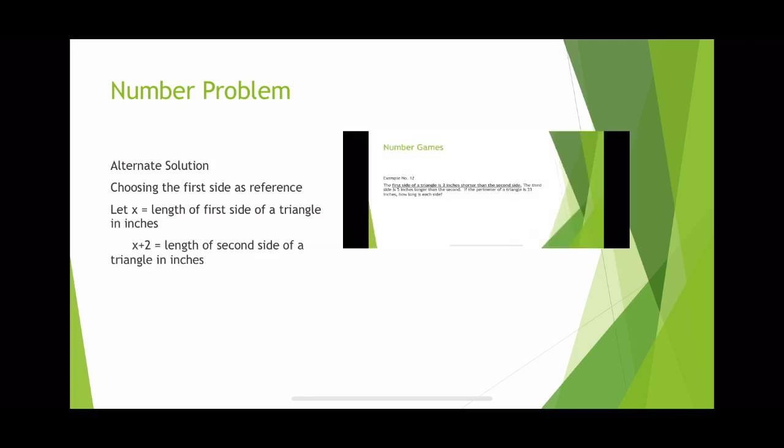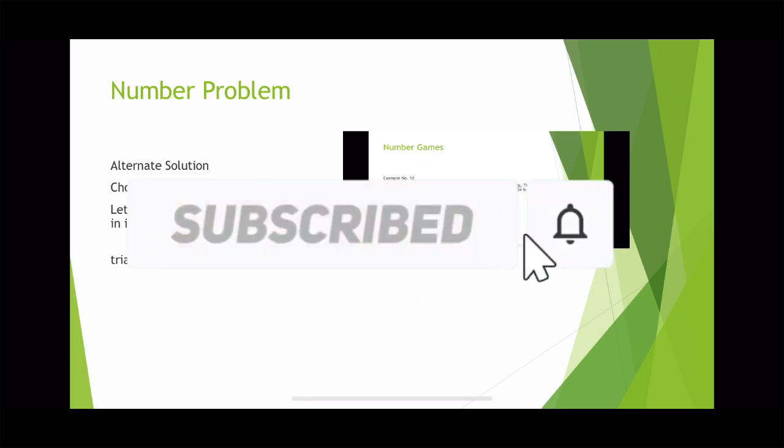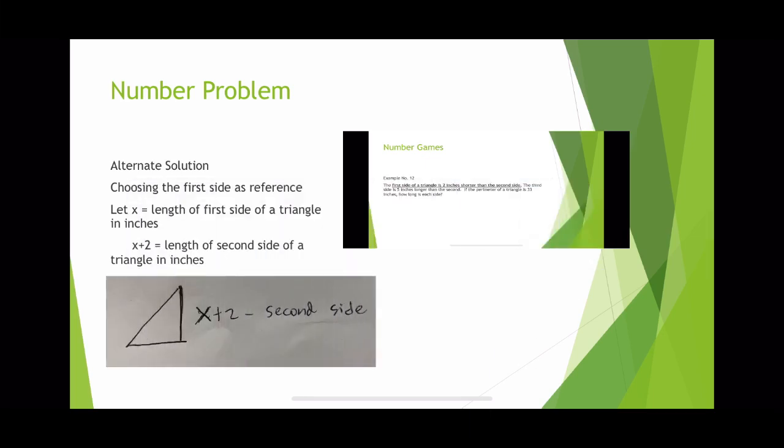And then x plus 2 is equal to the length of the second side of a triangle in inches. So x plus 2 is equal to the second side, as mentioned that the first side of a triangle is 2 inches shorter than the second side.